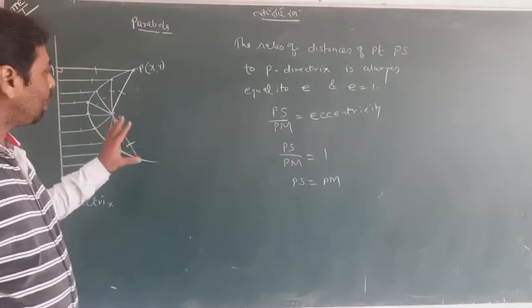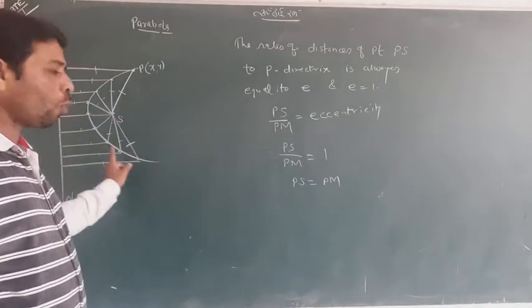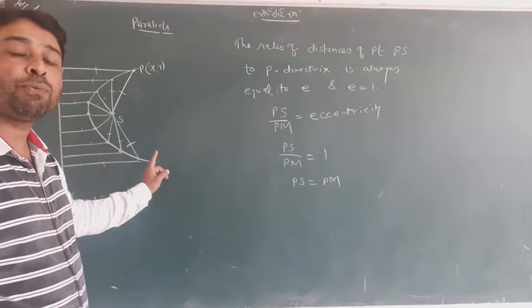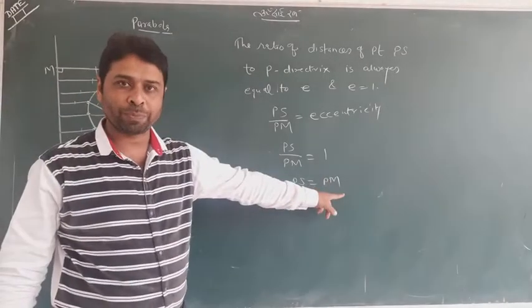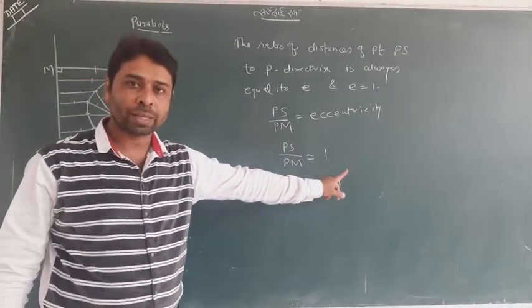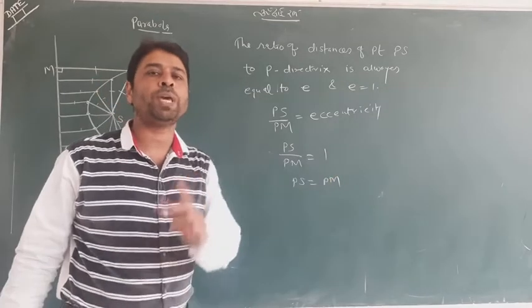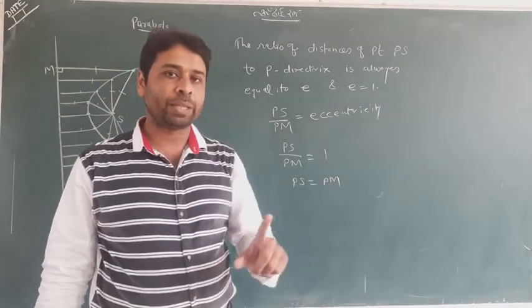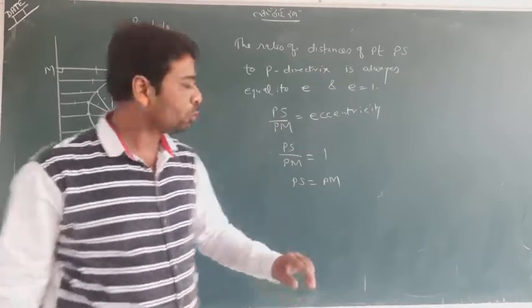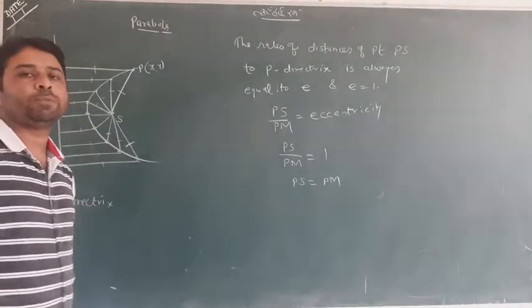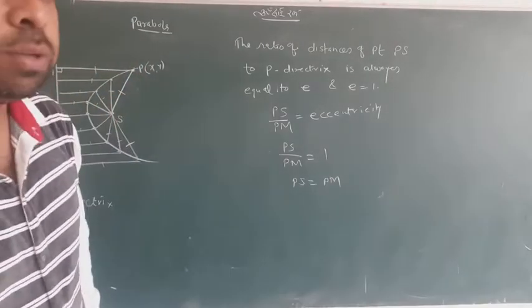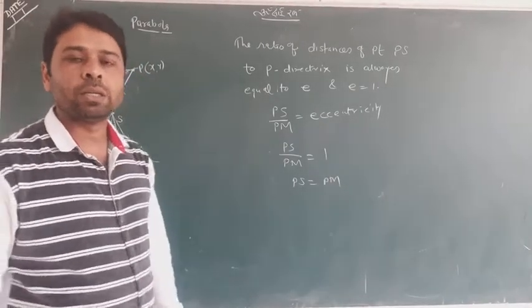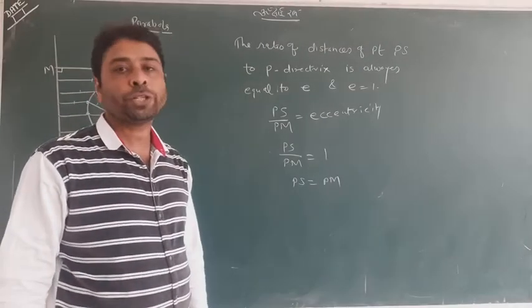So you must know that the parabolic figure can only be obtained when P follows PS equal to PM, or PS upon PM equal to 1. And remember that PS upon PM is always the eccentricity. Eccentricity is 1 in the case of a parabola. So this is the initial definition, students. You must know it. Now let me tell you how we can get the equation of the parabola.